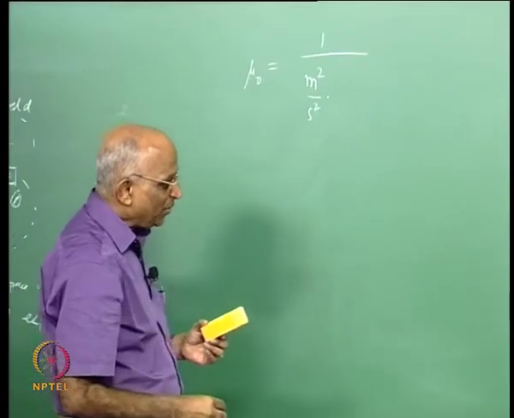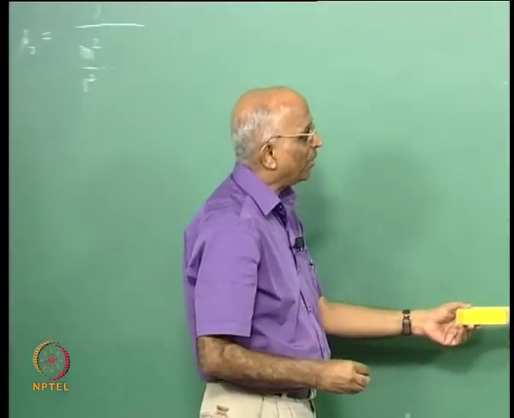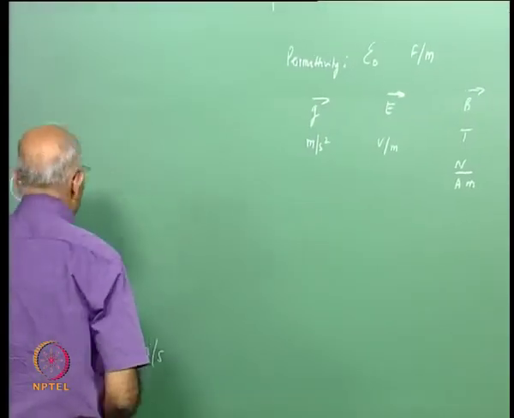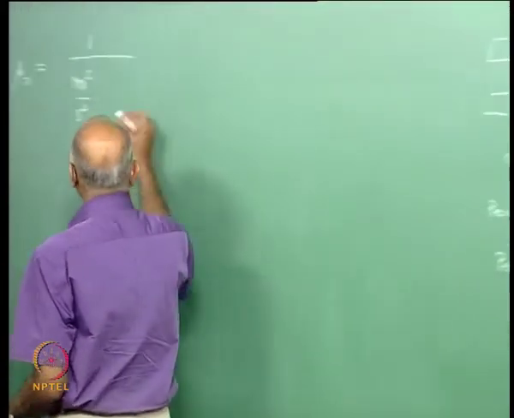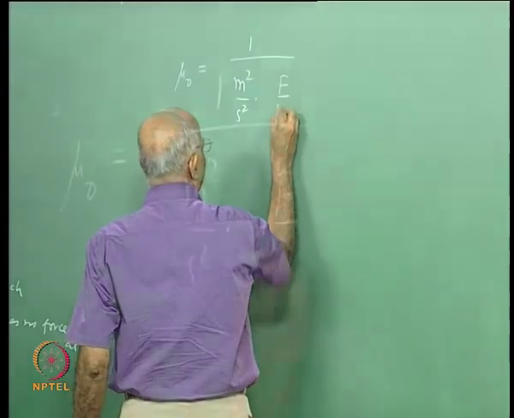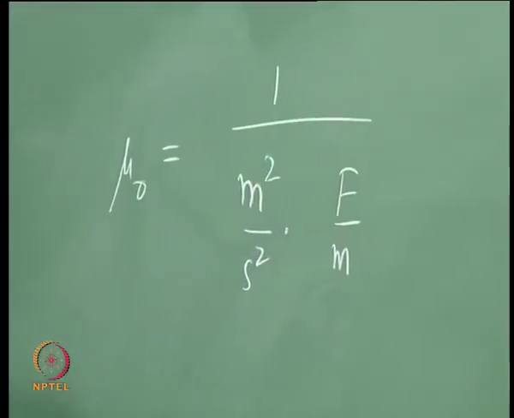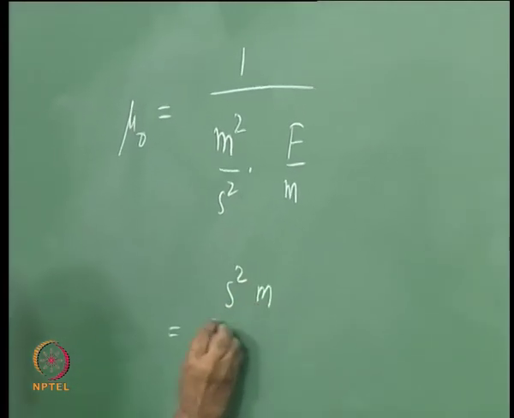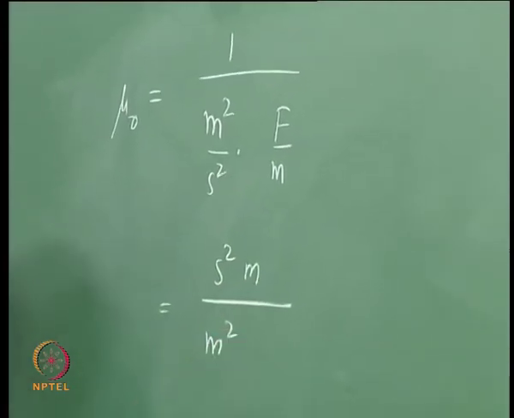And what was the unit of permittivity? We already, I think, wrote it here, farads per meter. And now I simplify this, I bring second square on top, meter over here, meter square over here.